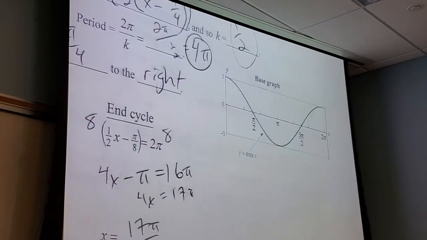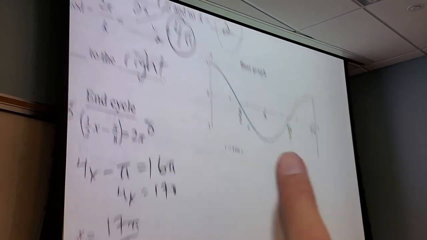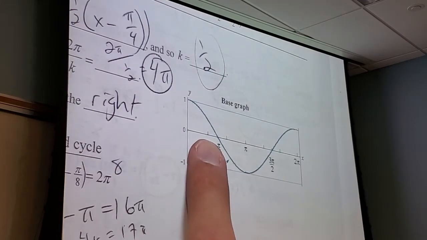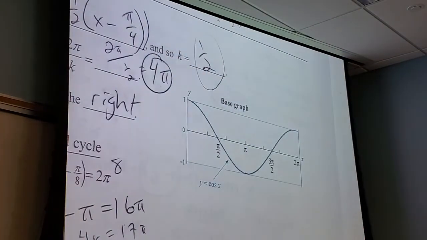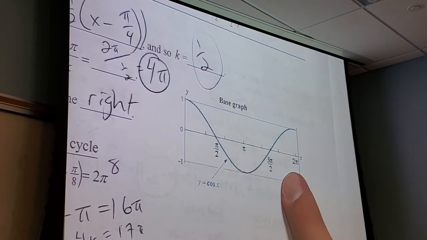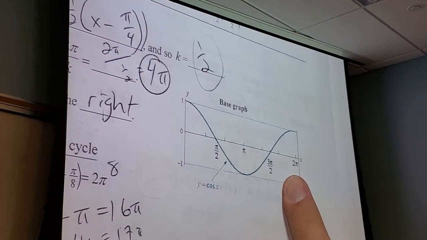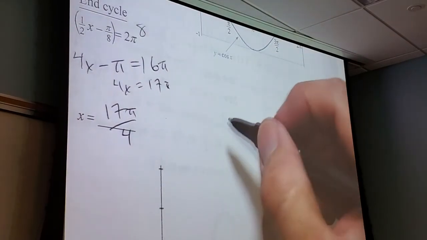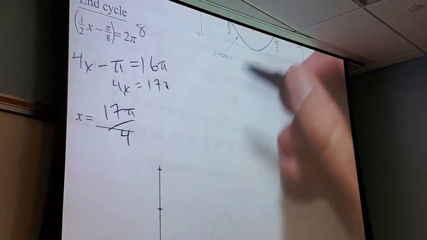All right, let me show you one extra little thing. So here's what cosine normally looks like. So now we're going to shift it, and we're going to stretch it. So there's a lot going on to this poor little dude, right? So let me see. Let me help you out just a little bit.